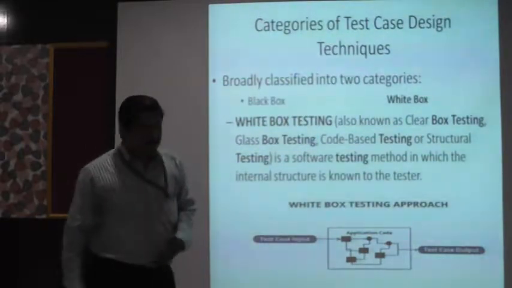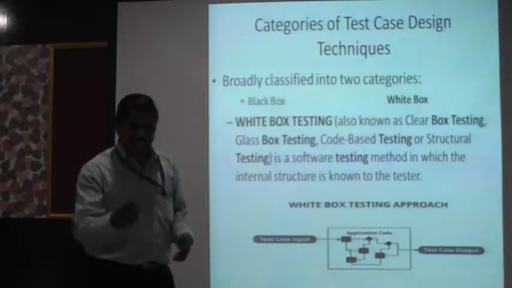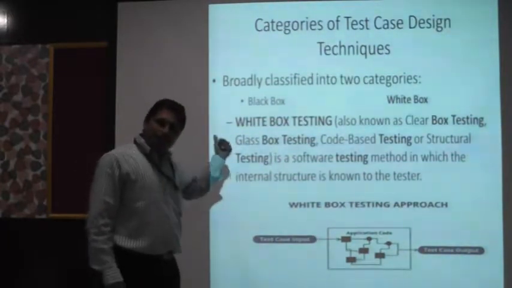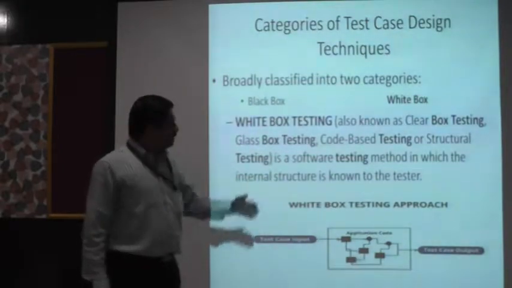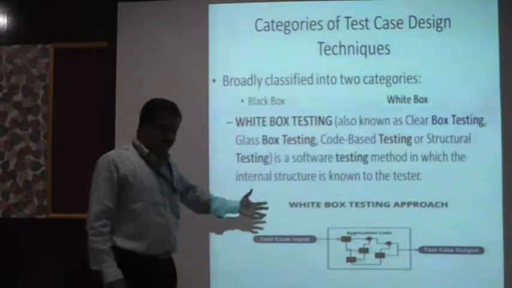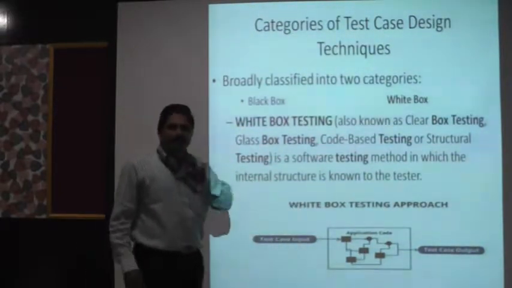Well, my dear students, black box testing is otherwise called functional testing or behavioral testing, whereas white box testing is called structural testing or glass box testing. In white box testing, the code is clearly visible to the tester.